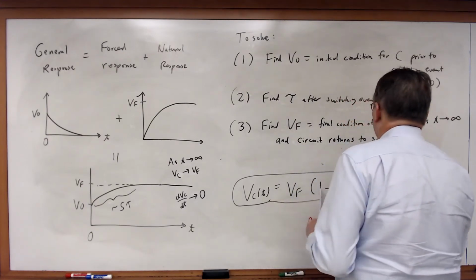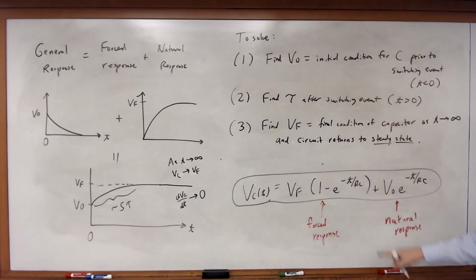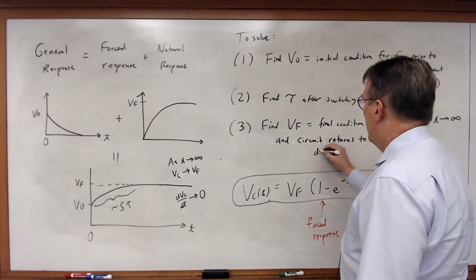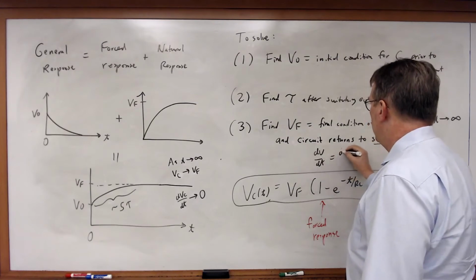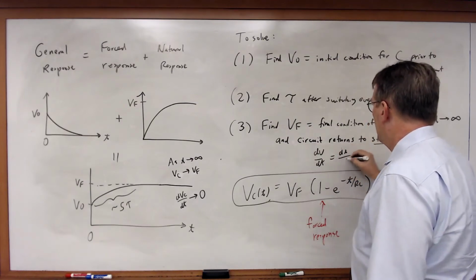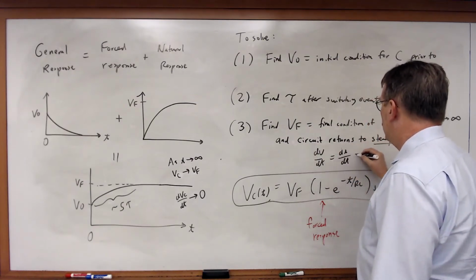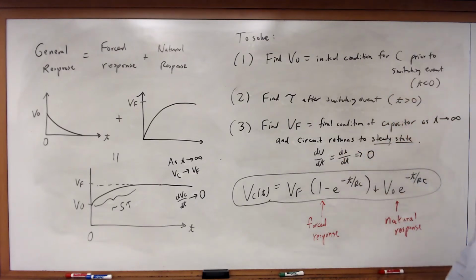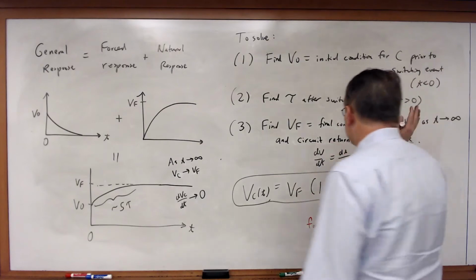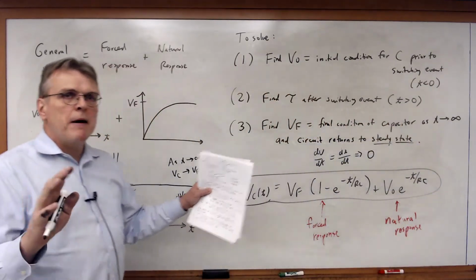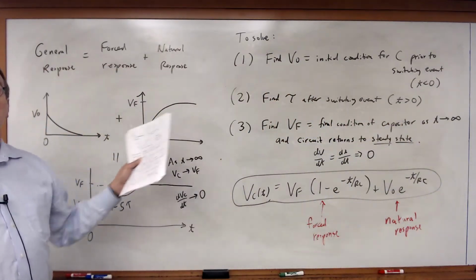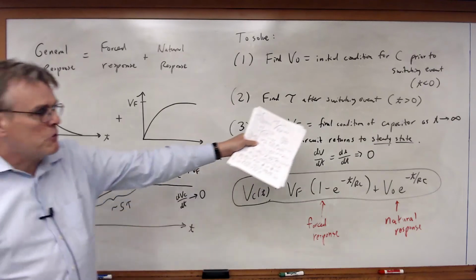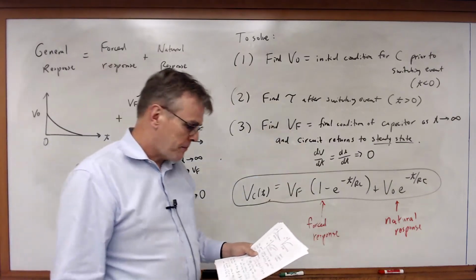So the circuit goes back to steady state. In other words, all the voltages and all the currents, dI/dt and dV/dt, all go to 0. So all the voltages and currents quit changing. We're right back to steady state, which was where we were before the circuit switched. And this is true as t goes to infinity.